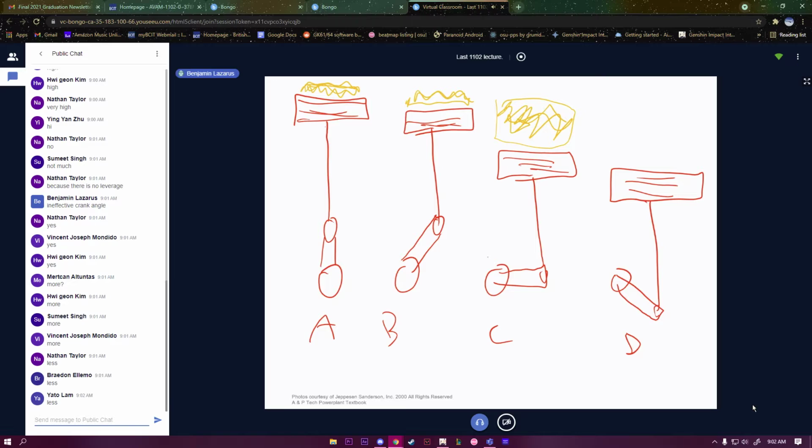So does it make sense? Can you see that position C will have almost the same torque as position B? So between here and here, we get good torque. Now, what about position D?